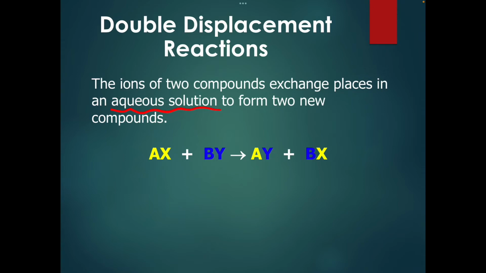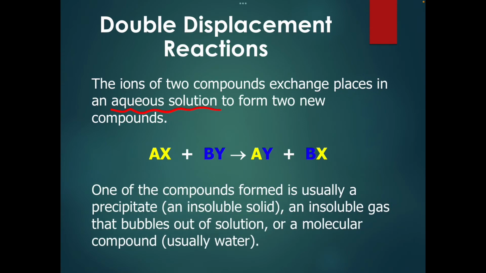Here we have AX and BY, and X and Y are going to trade places. So now A is combined with Y, and B is combined with X. One of the compounds that we're forming is typically a precipitate. Most of the time, one of these two will form a precipitate, and remember, a precipitate is an insoluble solid.